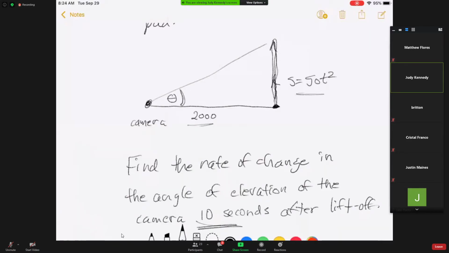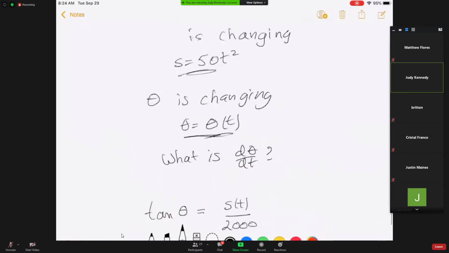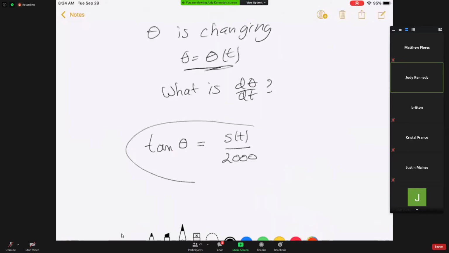But up until that time, it's just going straight up. We have this relationship between the angle of elevation and how far up the rocket has gone.